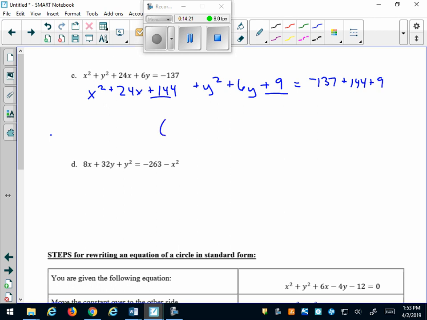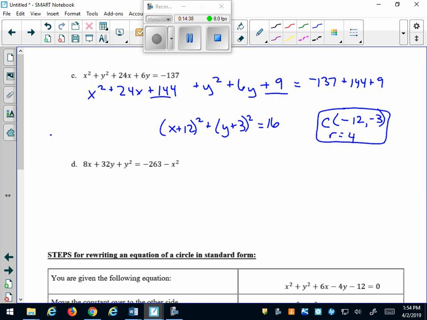Your final answer then was x plus 12 squared plus y plus 3 squared equals 16, which makes our center negative 12, negative 3, and a radius of 4.